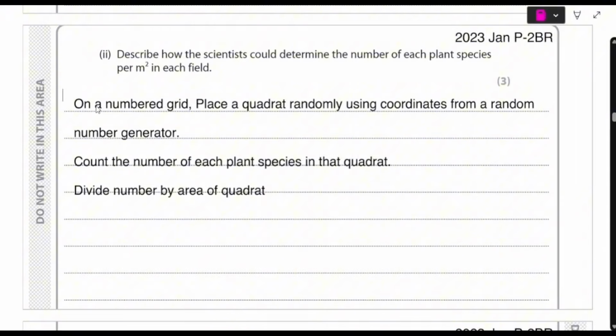So this is the answer. On a number grid, place the quadrat randomly using coordinates from a random number generator. Count the number of each plant species in that quadrat and divide the number by the area of the quadrat. So this is to get the number of each species in 1 meter square of the field.